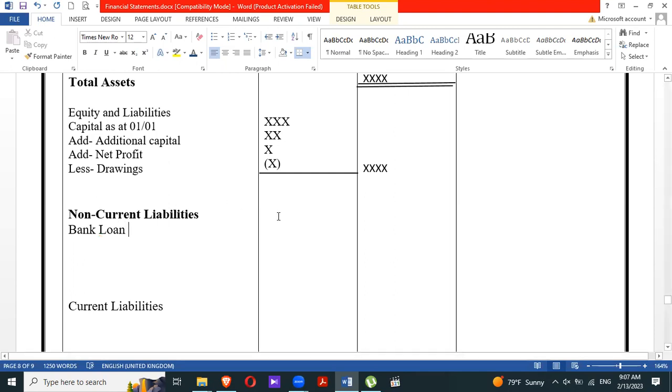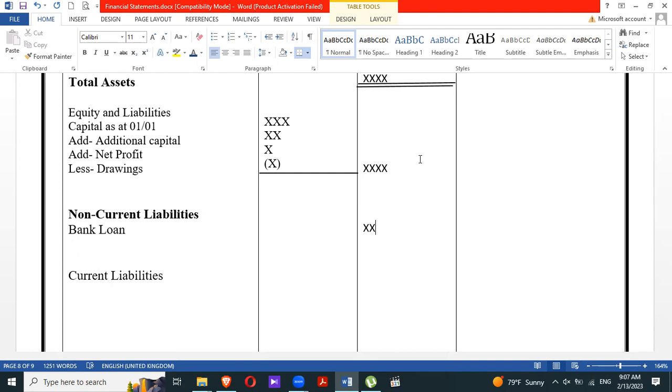Right? When there's only one item and no other non-current liabilities, you can directly record that value into the last column. No need to record it here. Taken to the other side, directly you can record bank loan into the last column.